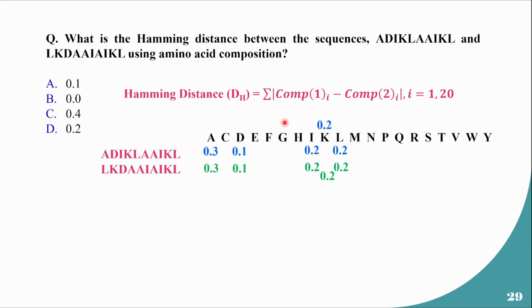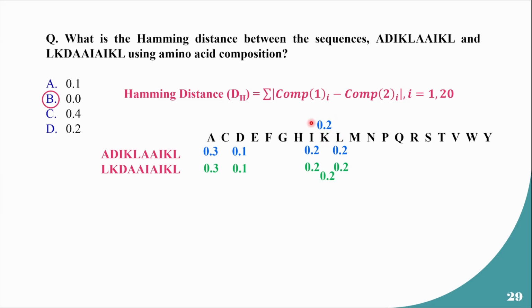And in some cases, you might notice that there is a difference. In that case, the subtraction and its absolute value will give you some sort of value, right? But here, as we see, the differences for the amino acids that are present were 0 for each of them.